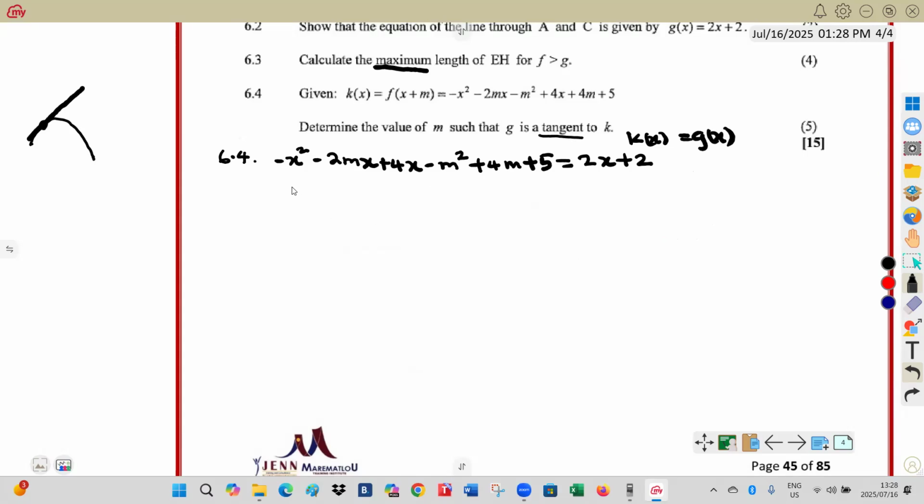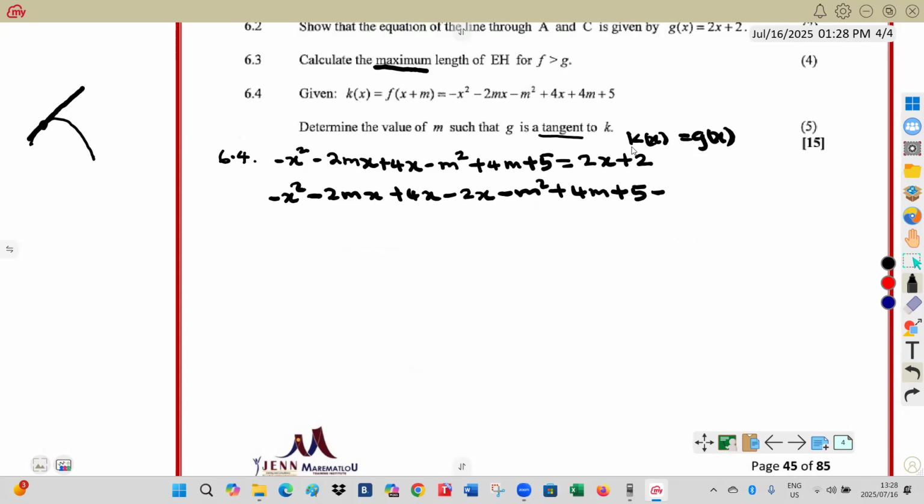Let's write it. So we are going to have minus x squared minus 2mx plus 4x, we take the term with x there, minus 2x, then minus m squared plus 4m plus 5.